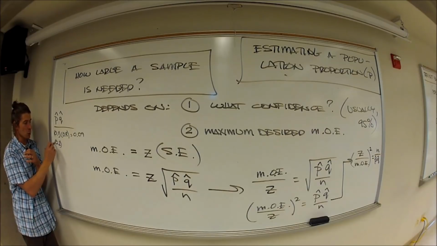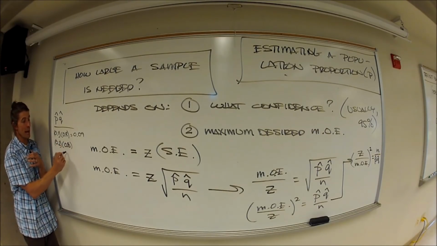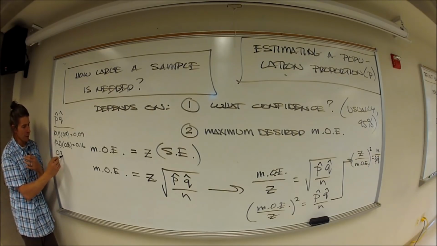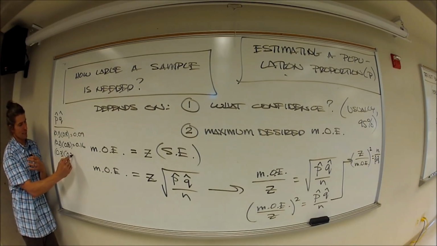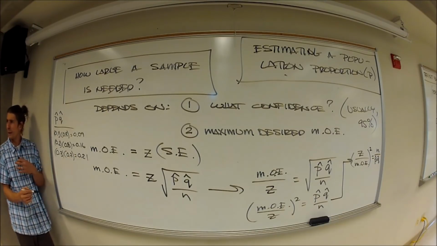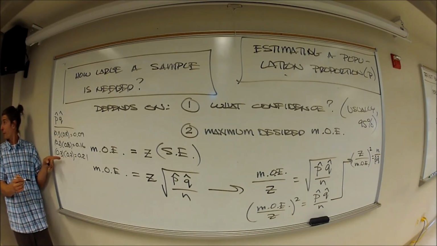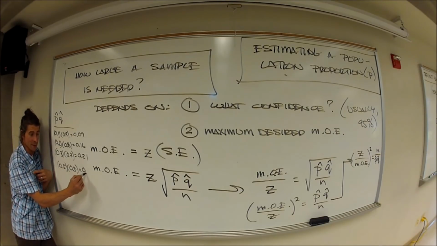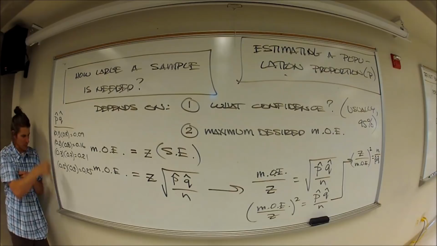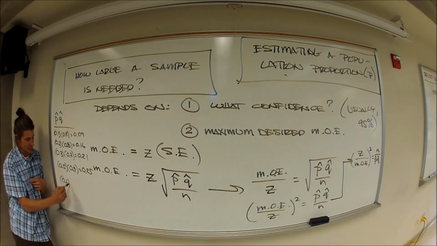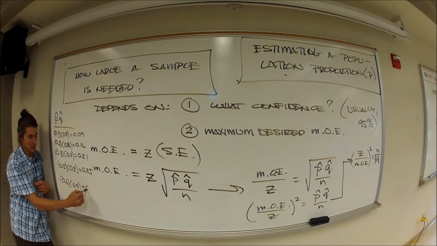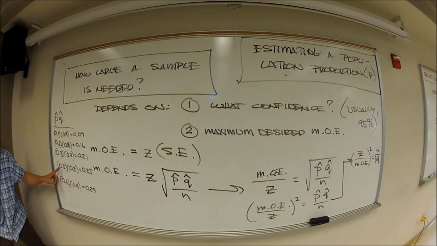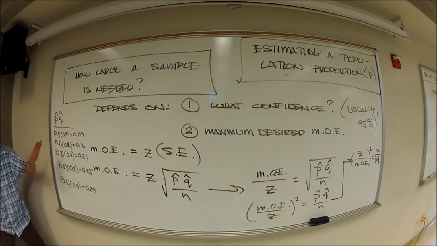How about 0.2? 0.2 times 0.8 is 0.16. It's getting bigger. How about 0.3? 0.3 times 0.7 is 0.21. I hear 0.5? Okay, 0.5 times 0.5 is 0.25. If this pattern continues, we just keep getting bigger. How about 0.6? That's going to start going back down again. So the value of P hat that makes this product the largest is a half.